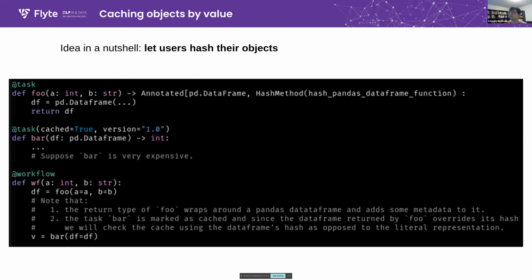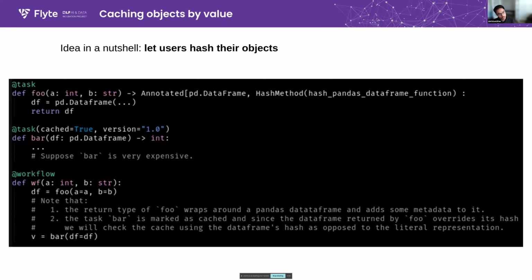For all intents and purposes, the compilation phase still knows about the literal type schema and can know how to match the types, just like a regular workflow. This is just so that you can provide this extra bit of information about what is the hash of this object that you're producing, but nothing else changes.